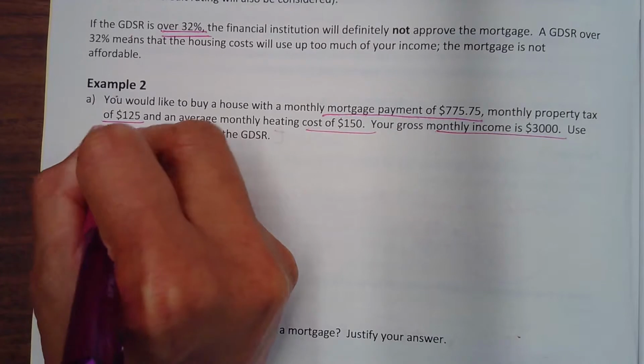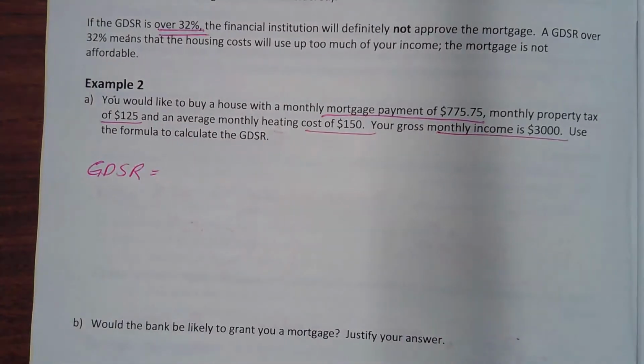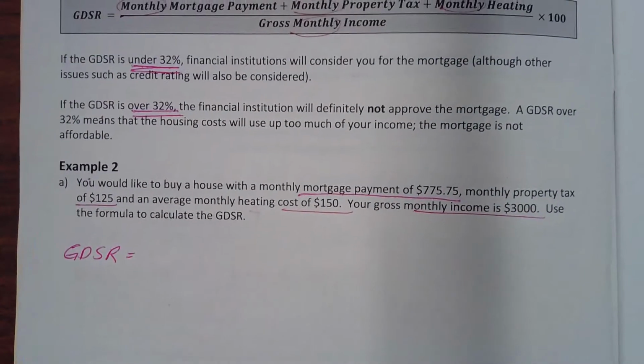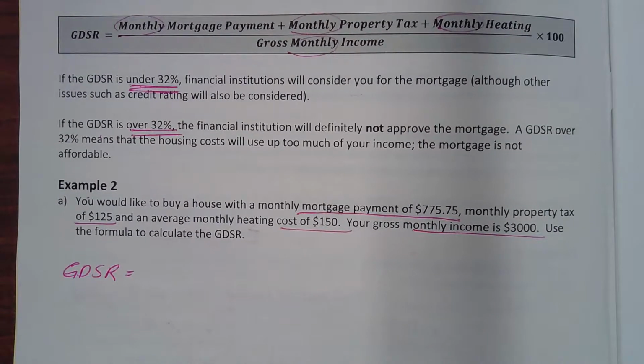So GDSR, what's the first thing that we have to do? Add up all of the expenses.